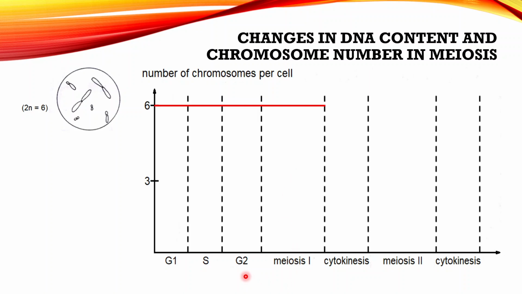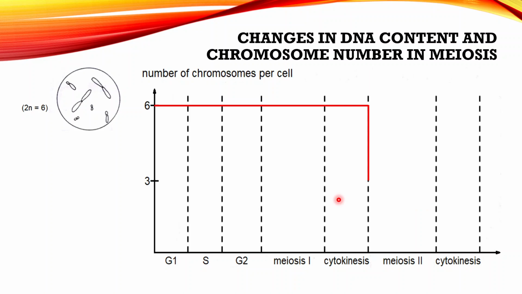Still 6. Then cytokinesis here on this graph is given as a process with a duration. So during the process of cytokinesis, the number of chromosomes per cell stays the same all the way till the moment when the cell has separated. So imagine this is an animal cell. You have the cleavage furrow.